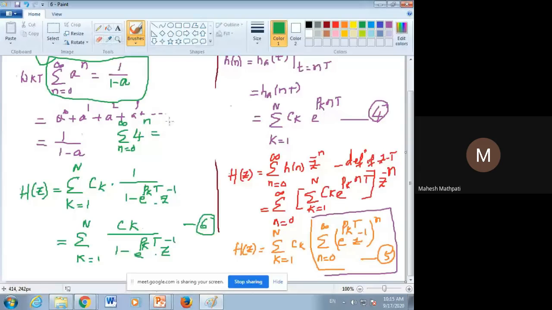So it is 4 to the power 0 plus 4 plus 4 square plus 4 cube up to infinity. We write this as 1 divided by 1 minus 4, or simply minus 1 by 3 is the value. This is the way we solve it.